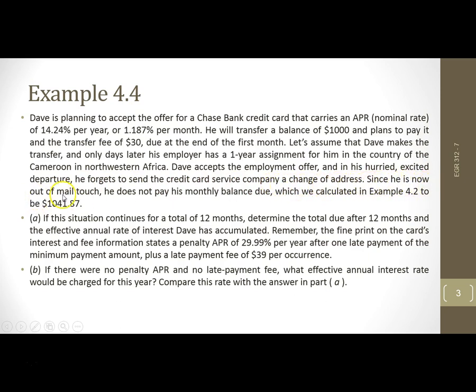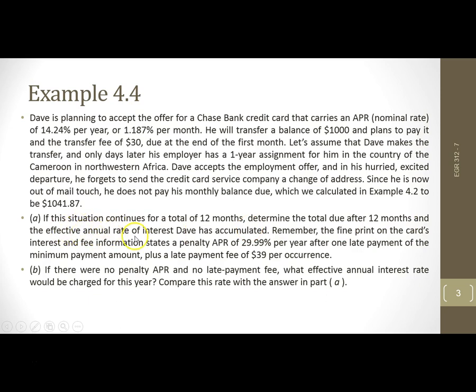Since he is now out of the mail touch, he does not pay his monthly balance due, which was calculated in the previous example, example 4.2 in your book, to be $1,041.87.